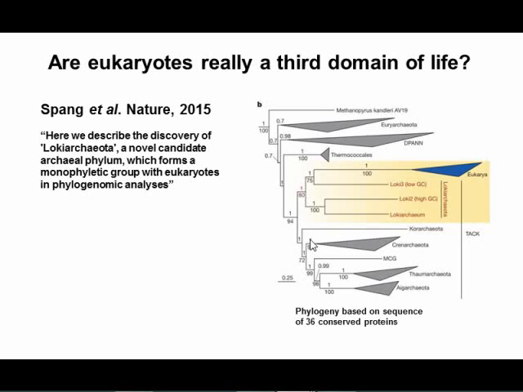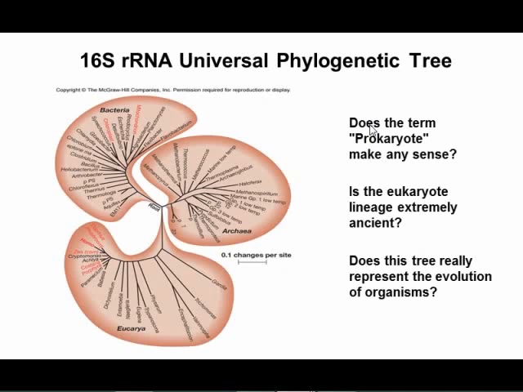And if you add these Loki archaeota into a phylogenetic tree, not just ribosomal RNA, but 36 conserved proteins, here are different groups of archaea.